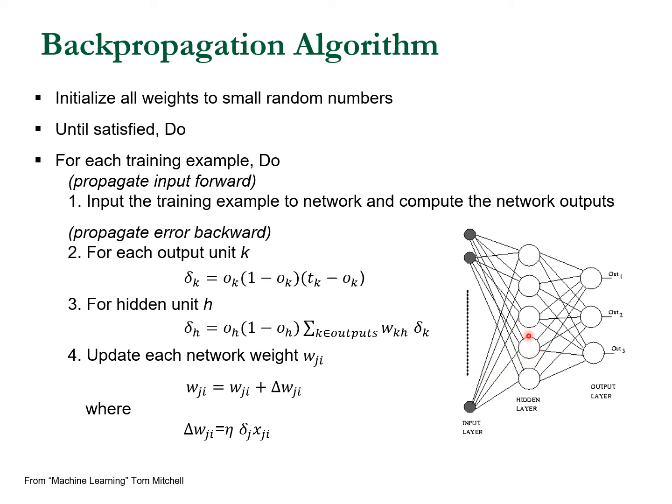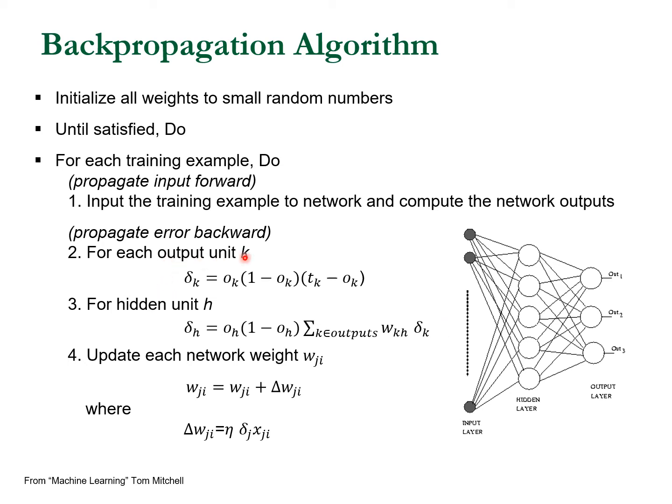You compute delta H for this hidden node H. This one is connected to 3 output nodes, this output node, and this output node, right?